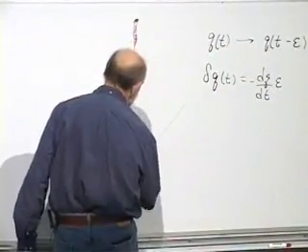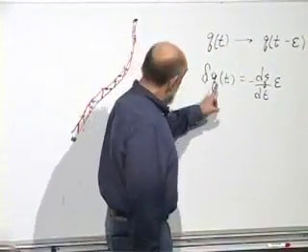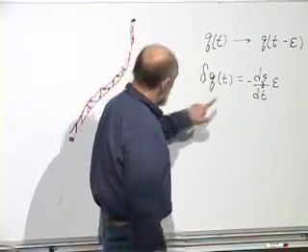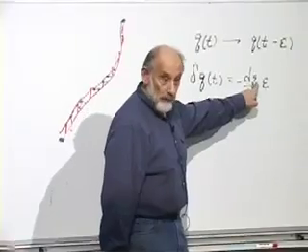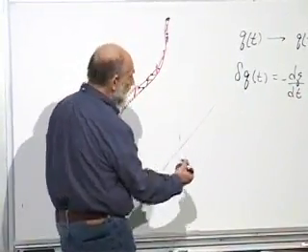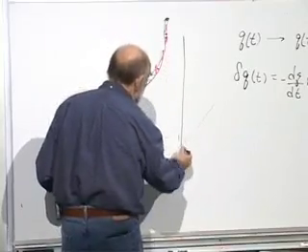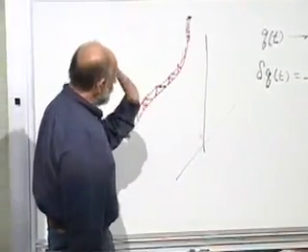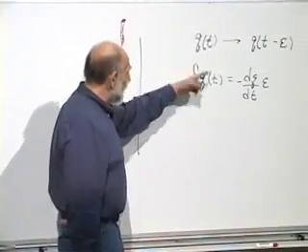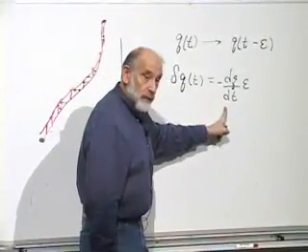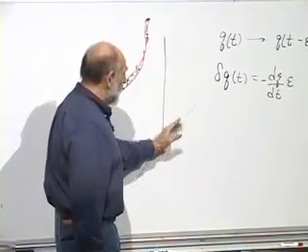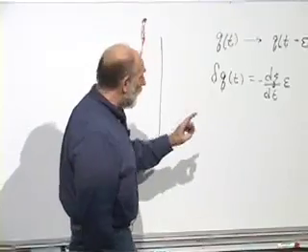Notice, first of all, that what it says is that the change in q, the little displacement, is proportional to the time derivative of q. If there was no time derivative, that would mean that the trajectory was perfectly vertical. If the trajectory was perfectly vertical, then dq/dt would be equal to 0, and shifting the trajectory up and down would not shift it horizontally at all.